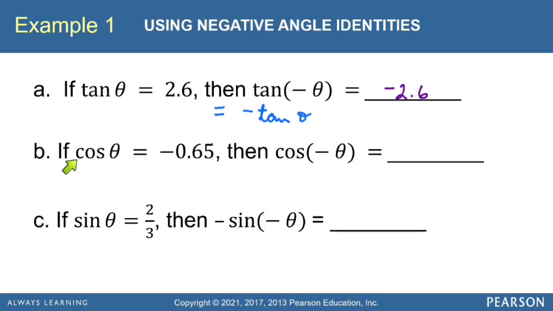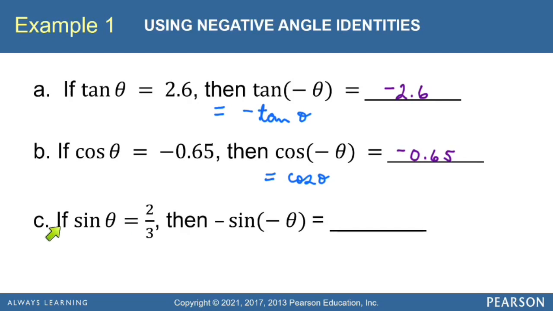On part B it says if the cosine of theta is negative 0.65, then the cosine of negative theta is blank. Let's think about the negative angle identity for cosine. The cosine of negative theta is equal to the cosine of positive theta. So if the cosine of positive theta is negative 0.65, then the cosine of negative theta is also negative 0.65.